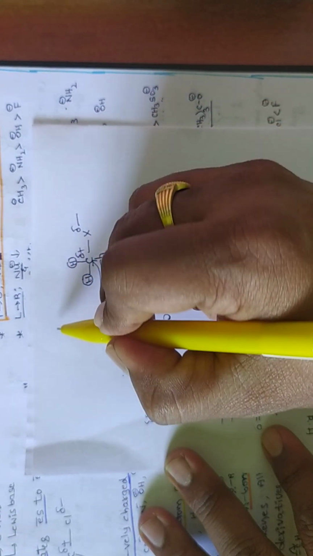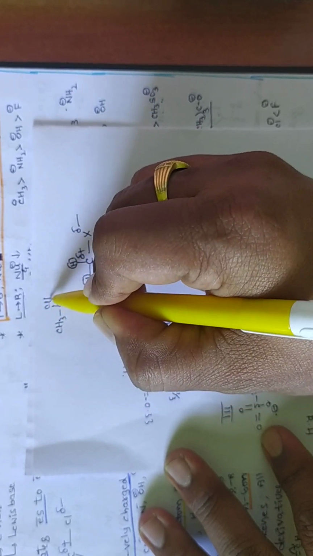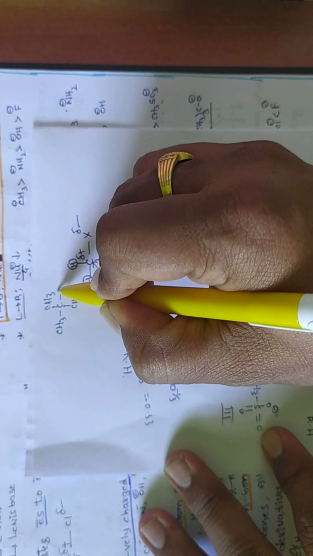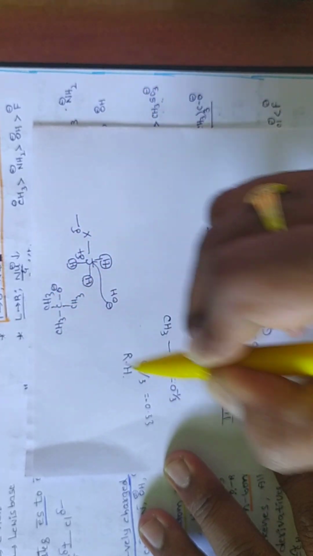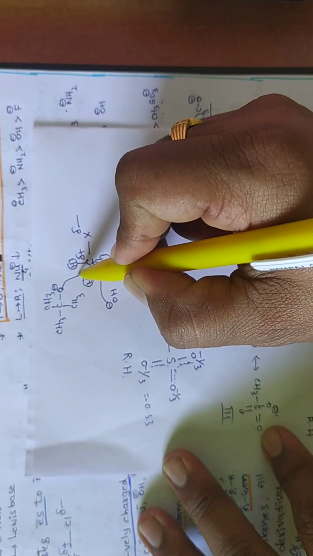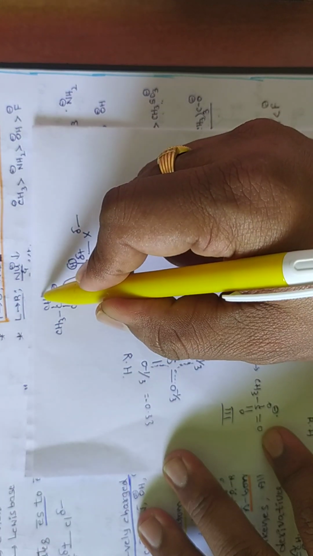Whereas if you are taking a bulky size nucleophile, a bigger size nucleophile, this nucleophile cannot go through this, because it is a bigger size.